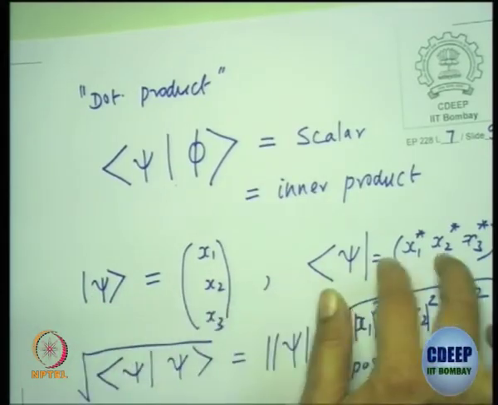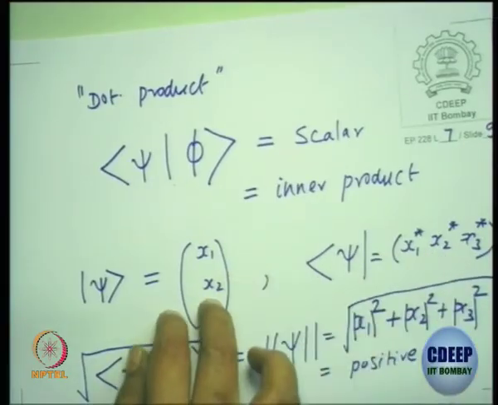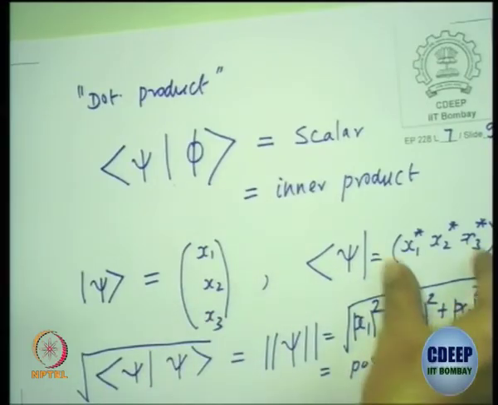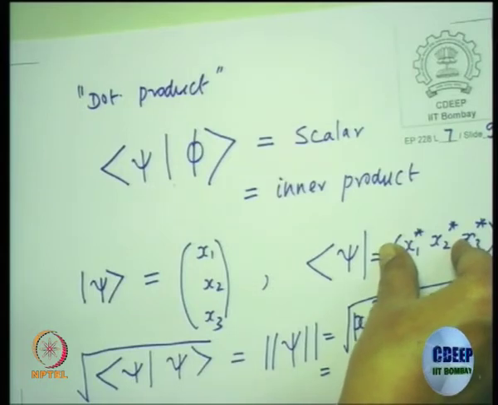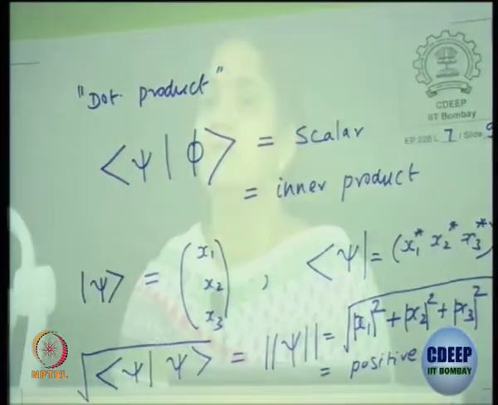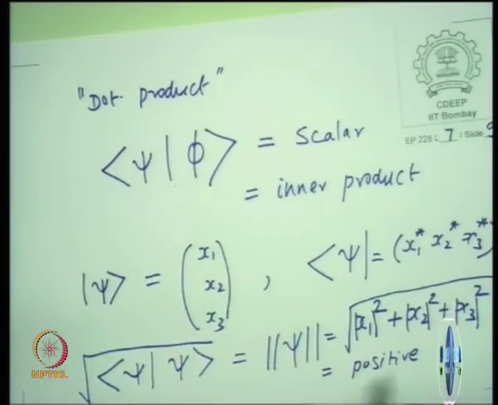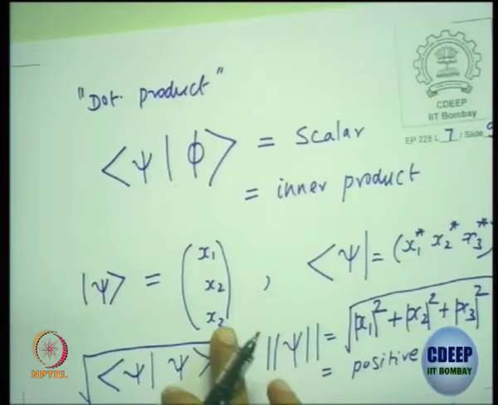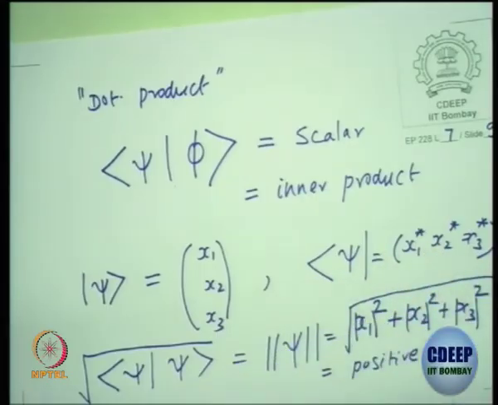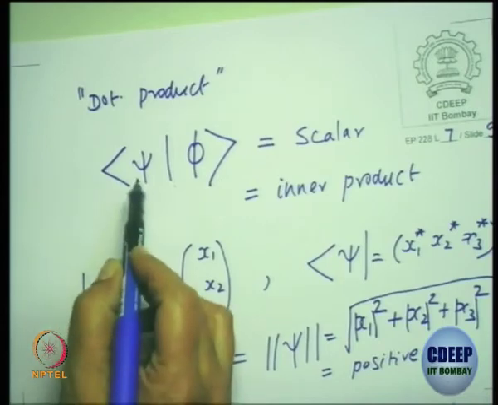The corresponding dual vector should be written by interchanging the column to a row and also complex conjugating the coefficients, so that the inner product, which you have all defined so far, for the specific vector and its dual vector, will be positive definite if we define the ket as a column and the bra as a row with complex conjugation.